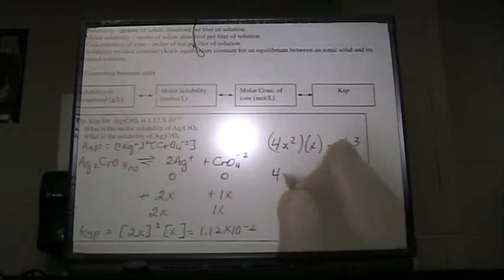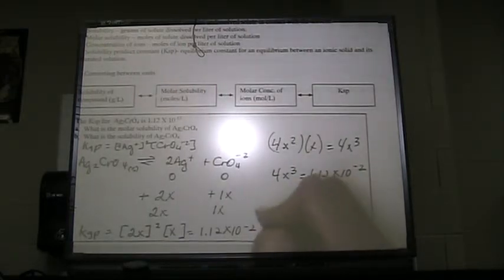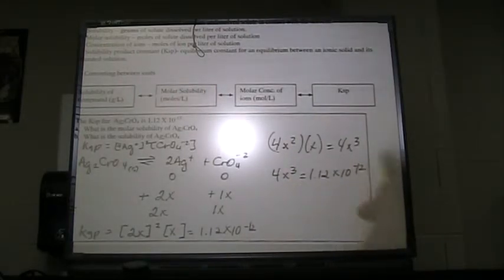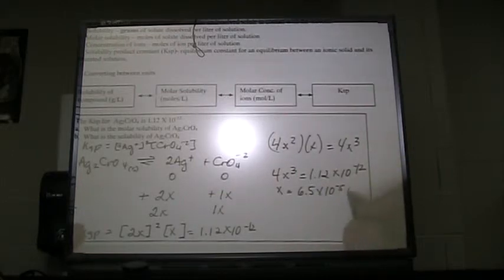So 4x cubed is equal to 1.12 times 10 to the negative 12. Better be careful. So divide this by 4, and then on your calculator, under the math section, you have a cube root key. 6.54 times 10 to the negative 5. I'm going to call that 6.5 times 10 to the negative 5th, and that's moles per liter.